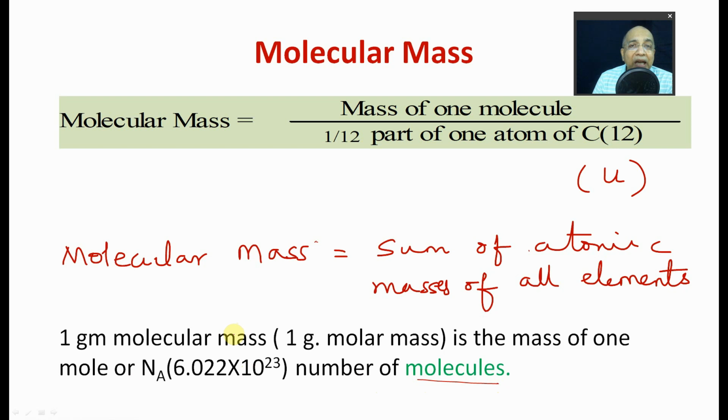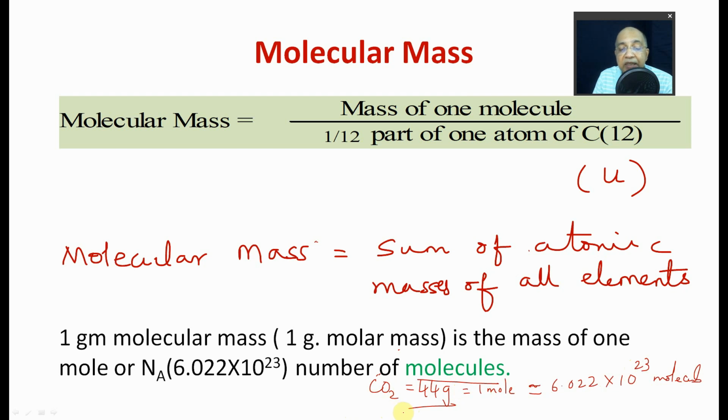So 1 gram molar mass, for example, carbon dioxide, 44 gram is the gram molecular mass. Carbon 12 and 16 twos are 32. So 44 grams is equal to 1 mole of carbon dioxide.